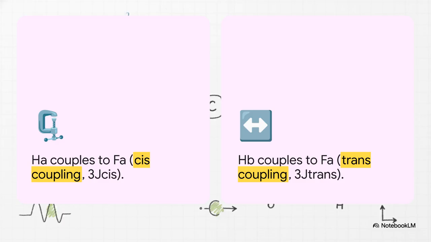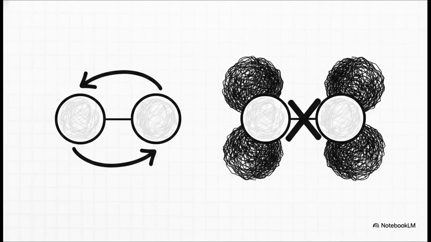And as we know from the basic rules of NMR, trans coupling constants are inherently way larger than cis coupling constants, meaning 3J trans is absolutely greater than 3J cis. Once again, because they have different coupling constants to the exact same neighboring atom, these hydrogens are totally magnetically inequivalent. Oh, and we also really have to watch out for restricted rotation.